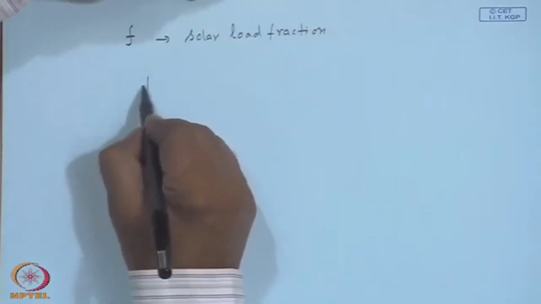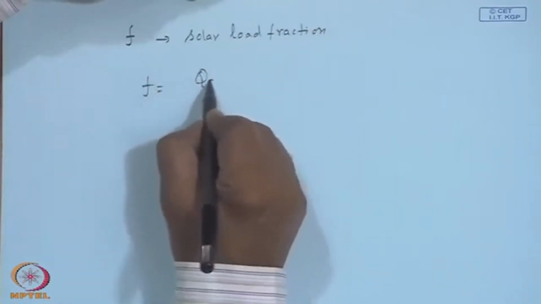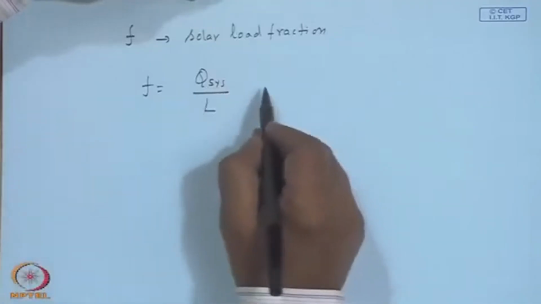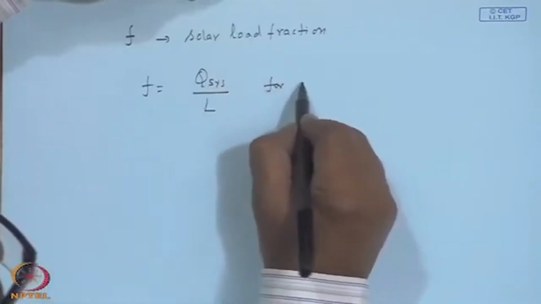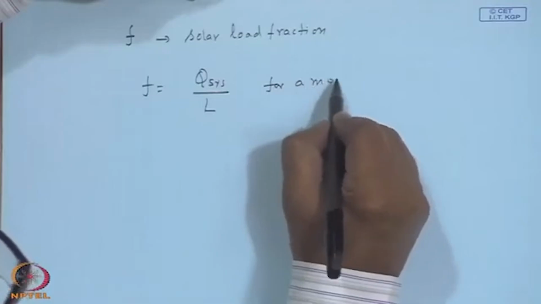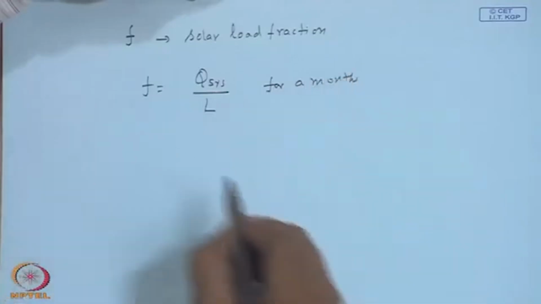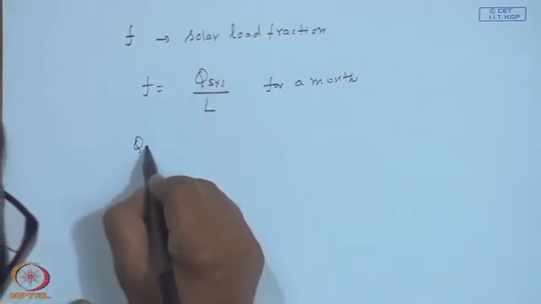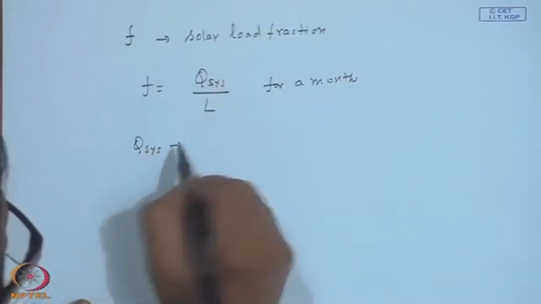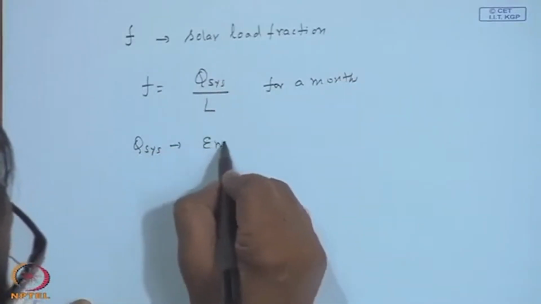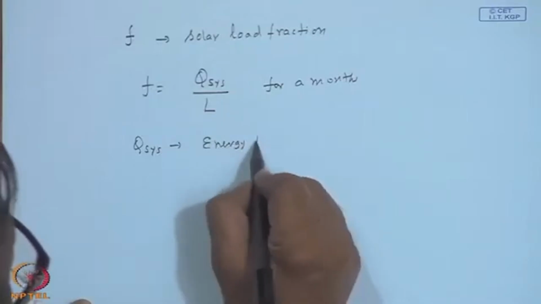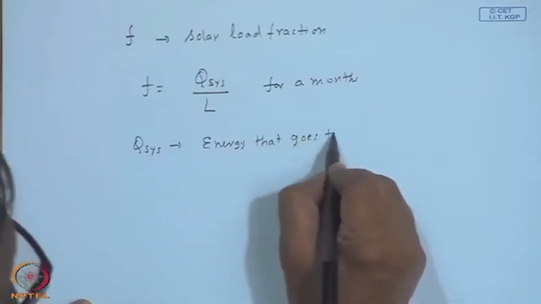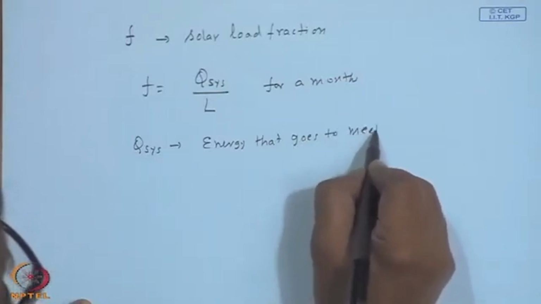This we will define as Q system upon L, say for a month. Q system is the energy that goes to meet the load.